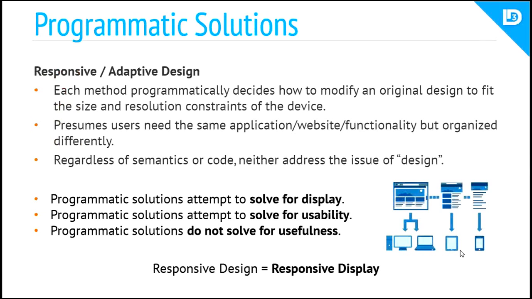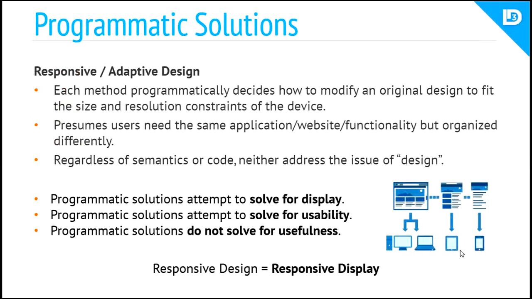I mean that programmatic solutions attempt to solve for a display problem. Programmatic solutions attempt to solve for a usability problem. Can I find the thing I'm looking for, or is it now too small or too jumbled to find? Programmatic solutions, however, don't solve for usefulness.